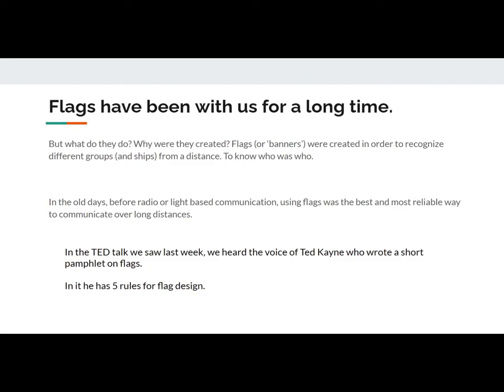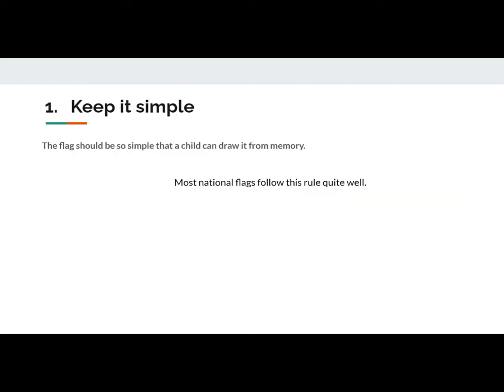They allow organizations or individuals to express what's important and who they really are. And this will lead us into our project, which is flag redesign. But first, let's talk about the 5 rules of flag design.